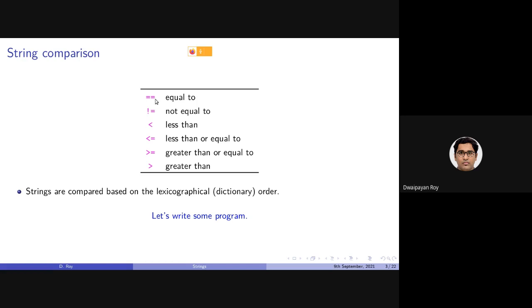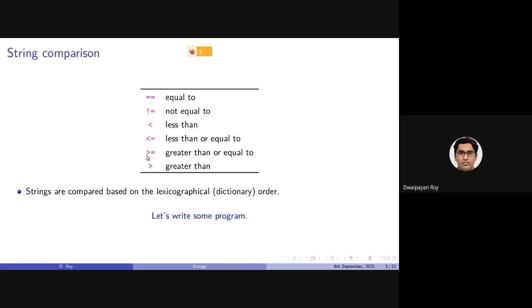As we have discussed, all these operators take 2 operands. So we need to provide 2 strings on both sides, and then it will compare based on the operator, whether you are applying double equals to, or less than equals to, or any other comparison operator of this kind.